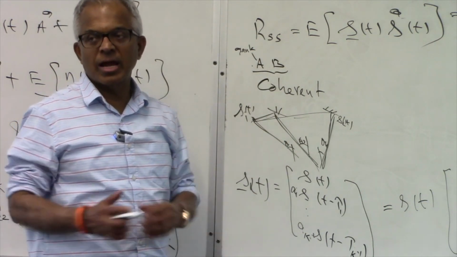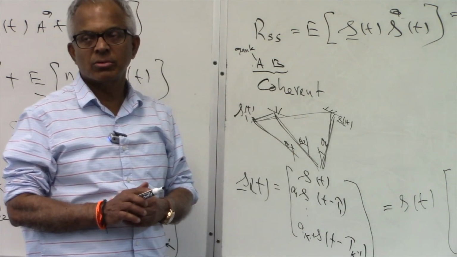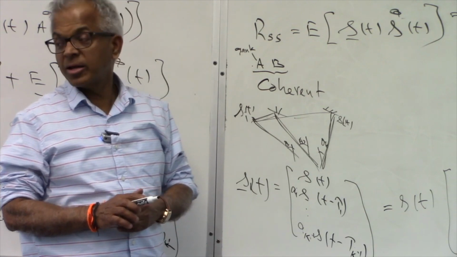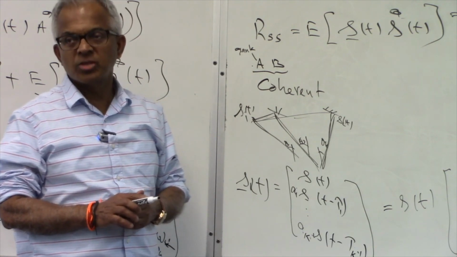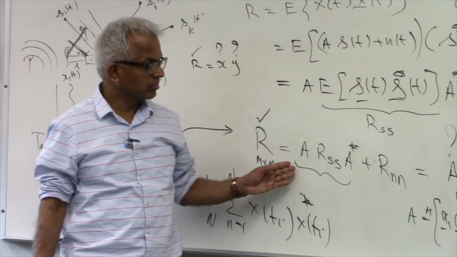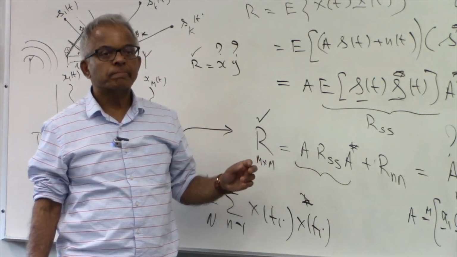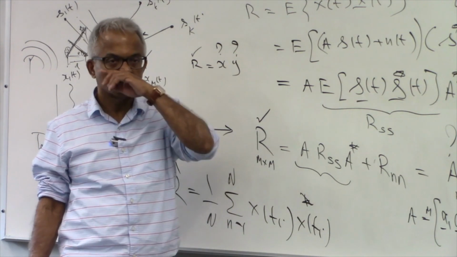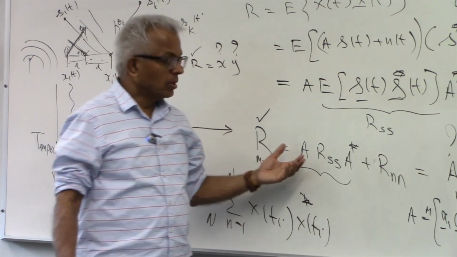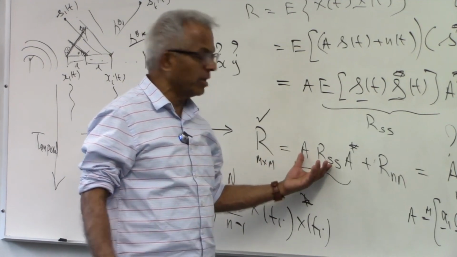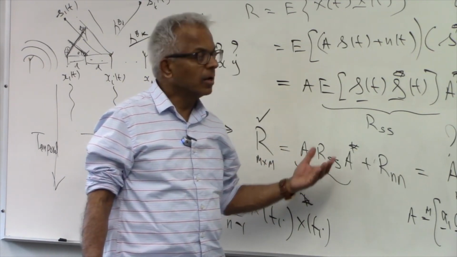So there are rank inequalities. But if A is full rank, then you can say something. A is full rank, but A is not square. If the R_SS is diagonal and the entries are non-zero, then you can say something. There is Sylvester's inequality. If you take a product, rank of AB is what?